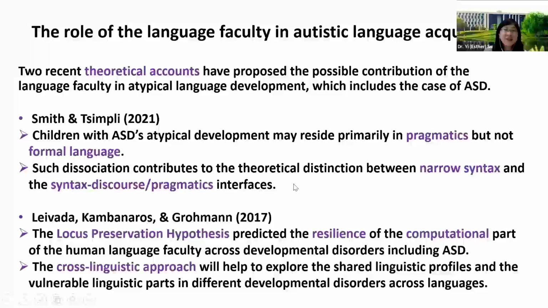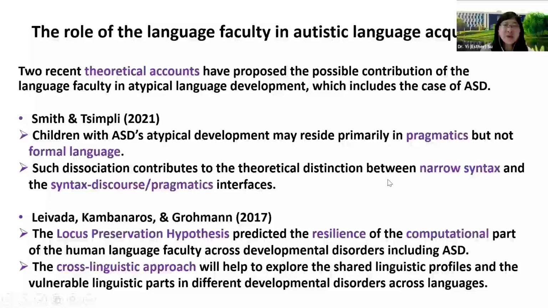Moreover, this study has highlighted the importance of a cross-linguistic approach, which may help to explore the shared linguistic profiles and the vulnerable linguistic parts in different developmental disorders across languages.